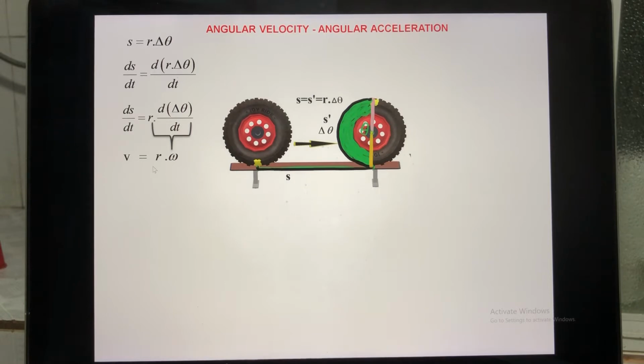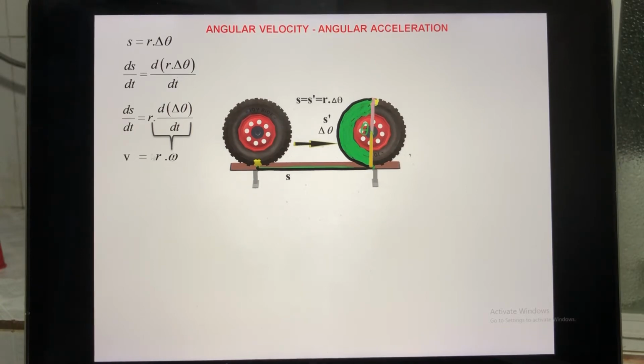Take a look at the units. If you consider linear velocity v, the unit is meter over second. But if you consider the unit of omega, the angular velocity, it will be radian over second. Remember, we work in SI units, okay?